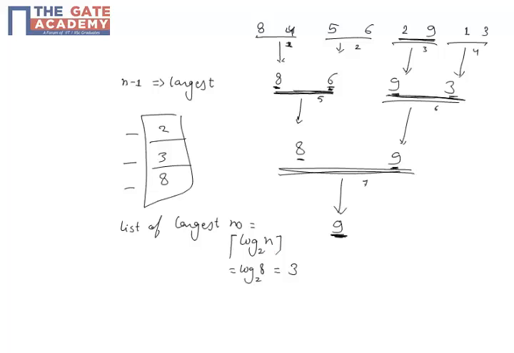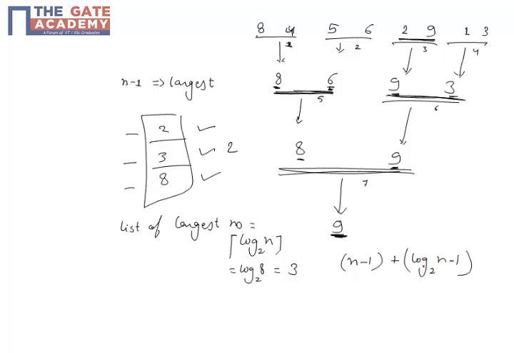To find the largest of these three numbers, 2, 3 and 8, I will require only 2 comparisons. So the total comparisons are n minus 1 for finding the largest plus log n minus 1 to find the second largest.